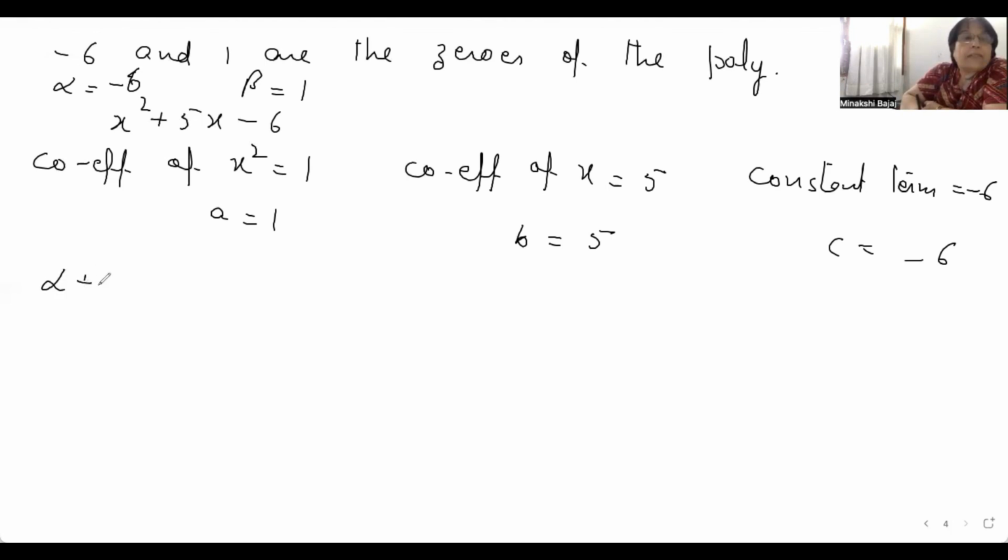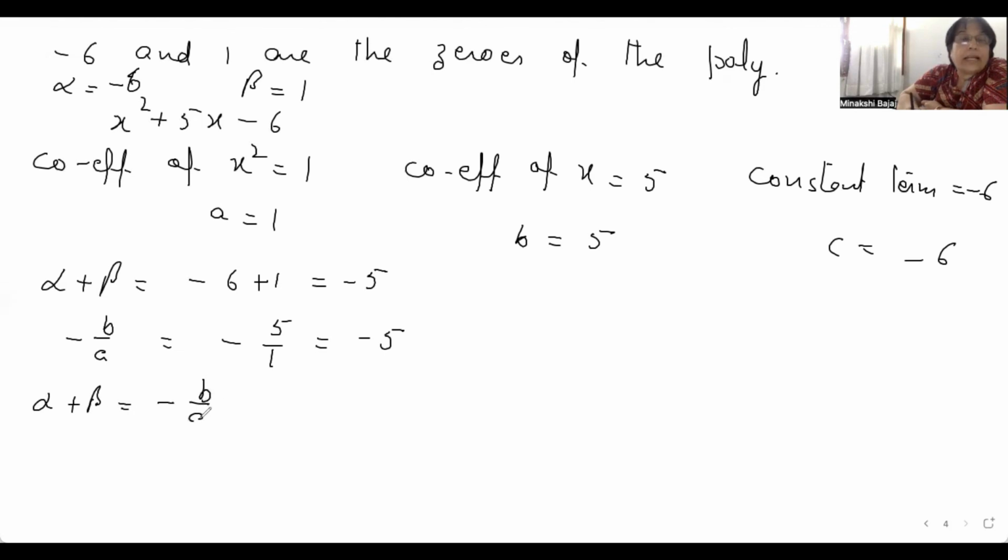Now alpha plus beta is equal to minus 6 plus 1, that is equal to minus 5, and minus b by a: minus b is minus 5 and a is 1. So this is minus 5. So what it shows, alpha plus beta is equal to minus b by a. So here we have verified the relationship between the zeros and the coefficients.